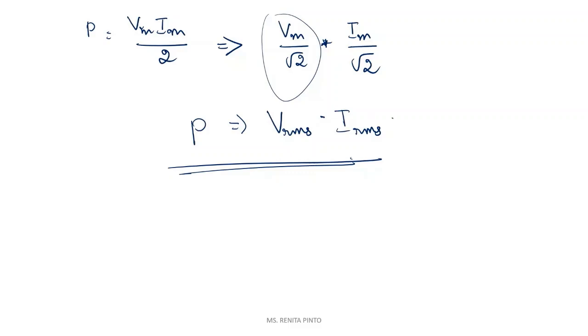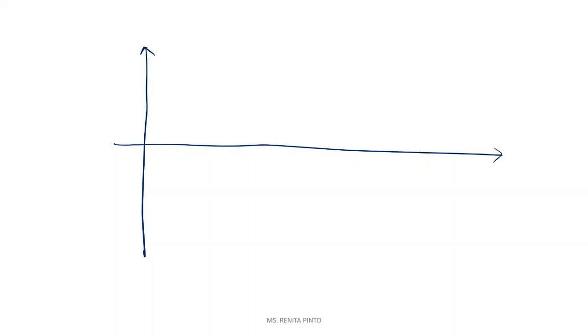Next, let us find out what is the power curve. Let me first draw the power curve for the pure ohmic resistance. Now first, you know that V is equal to Vm sin omega t and current I is equal to Im sin omega t, right?